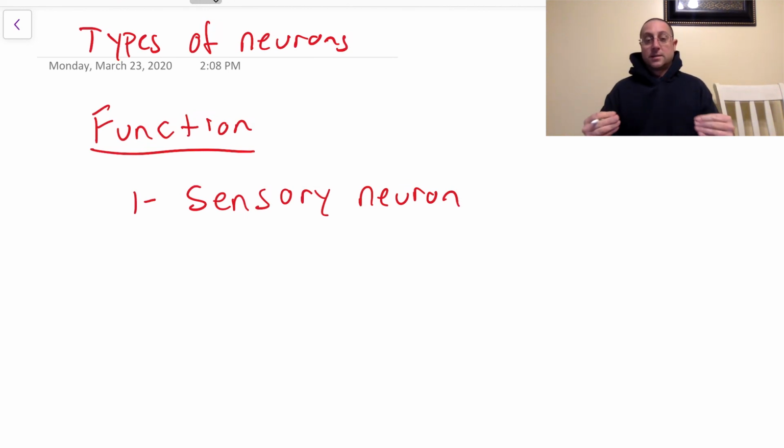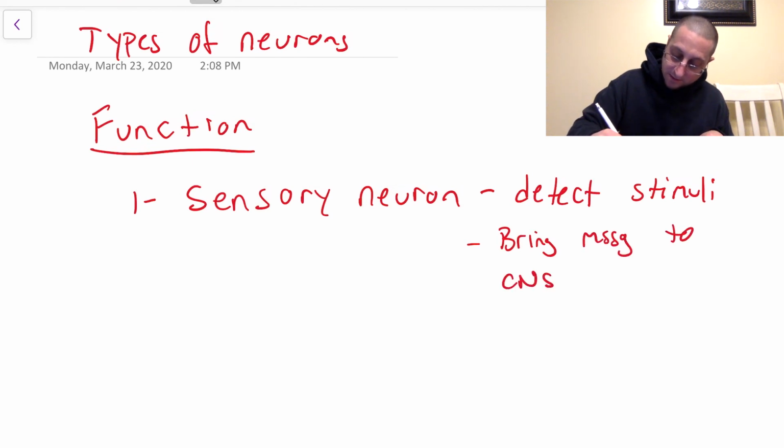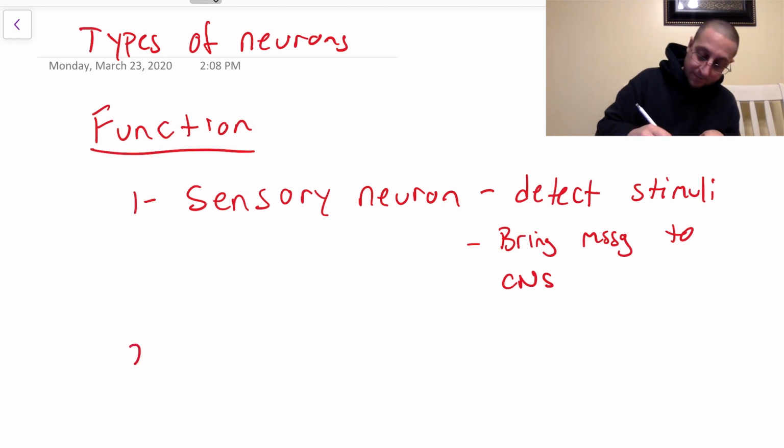They're going to detect stimuli, and then they bring the message to the central nervous system. So that's all afferent. Skin, eyes, all that.